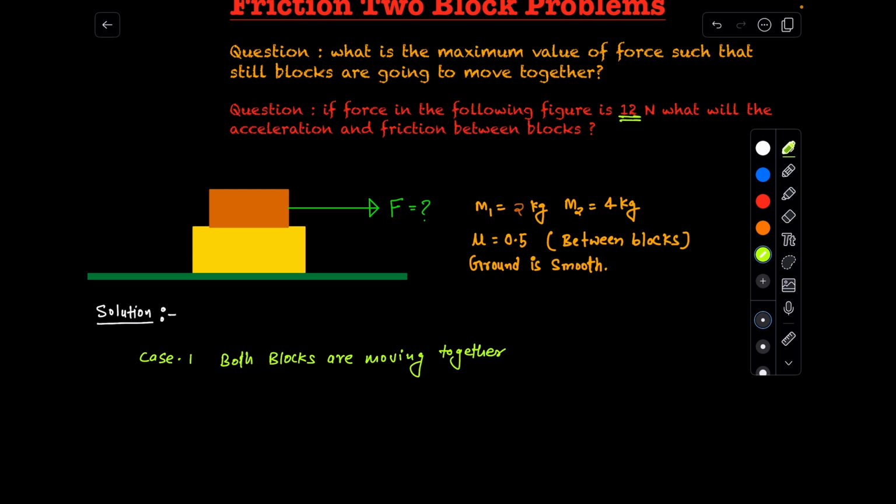If the problem doesn't satisfy this condition, it means that the required friction is greater than the static limiting friction, then we will take case 2, and we know for sure that the blocks are moving with different acceleration. So if F required, the friction required between the blocks, is greater than the F static limiting value, then of course the objects are going to have relative motion.